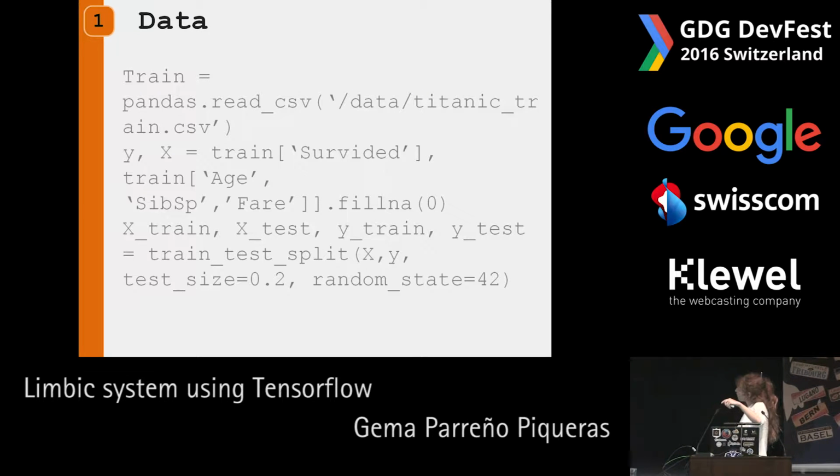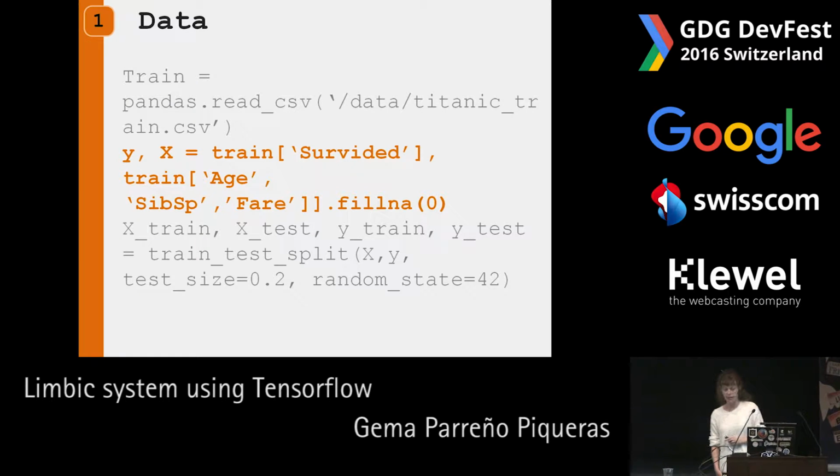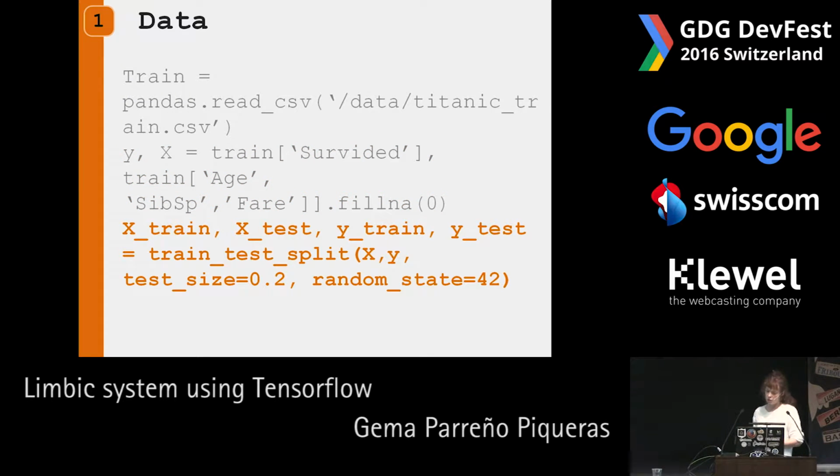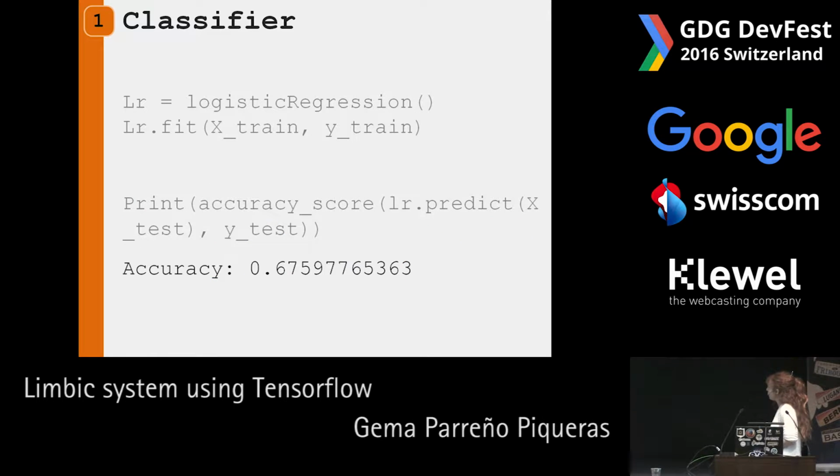I'm splitting the training and the test data, because this is very important in machine learning. We have a dataset, and then we test the data, and we say, okay, from this side, you're going to learn from the training data, and the test, you're going to test if this data is good or is not. So at the end, I just split it with a size and a random state.